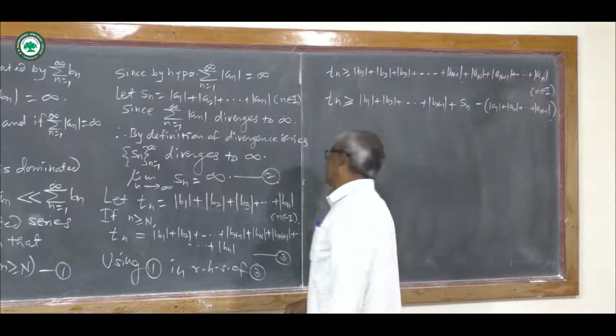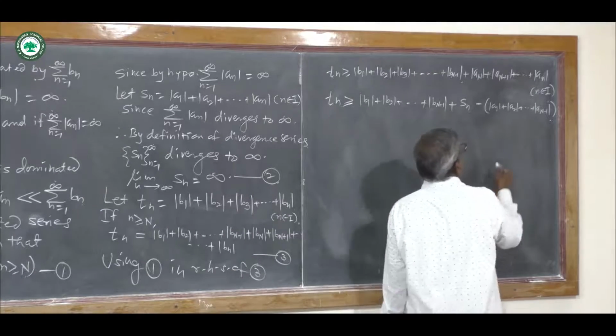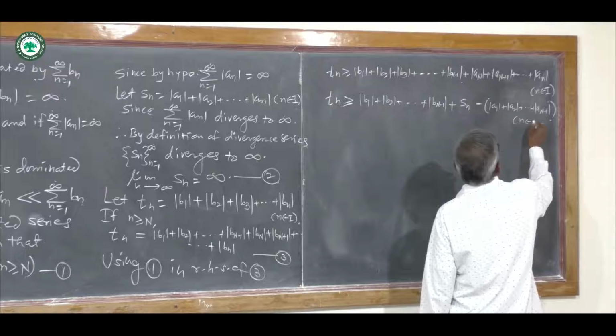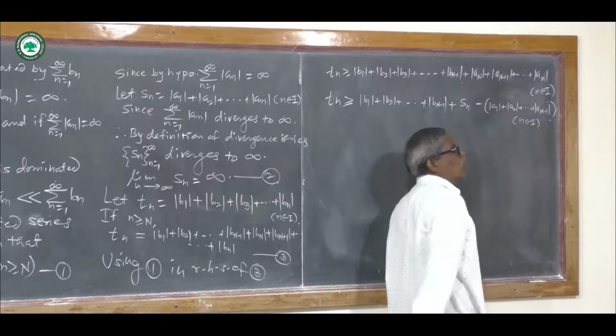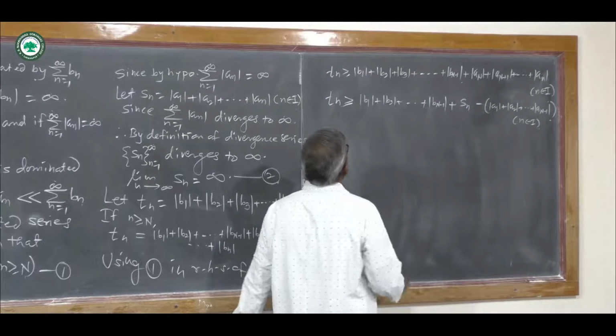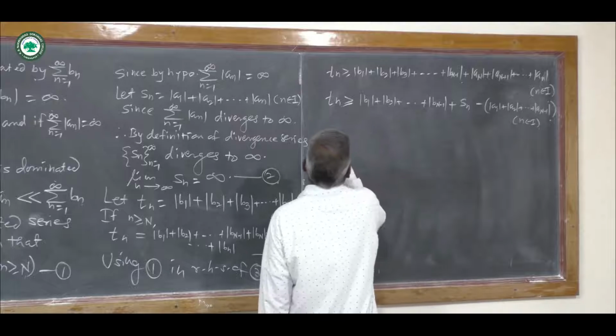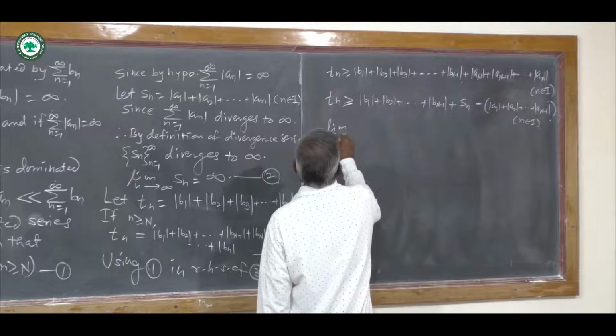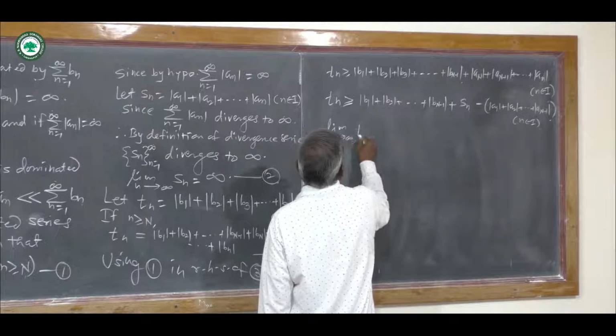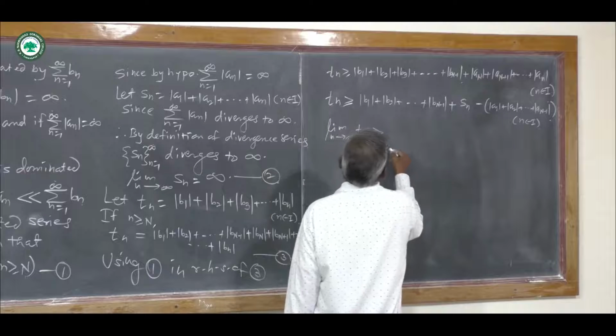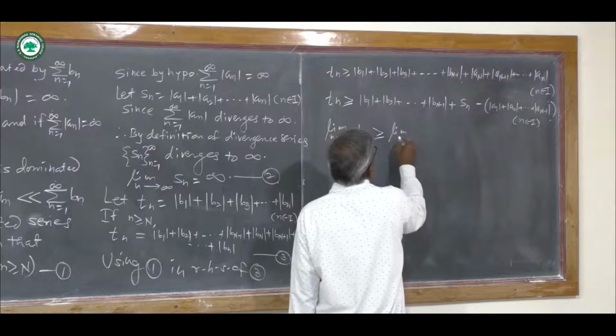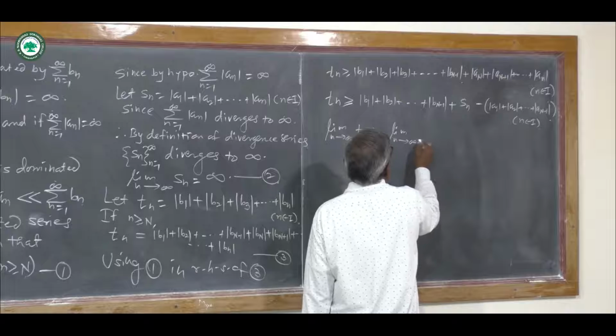This is true for every n belongs to I. Taking limit on both the sides as n tends to infinity, we obtain limit n tends to infinity of Tn is greater than or equal to limit n tends to infinity of the RHS.